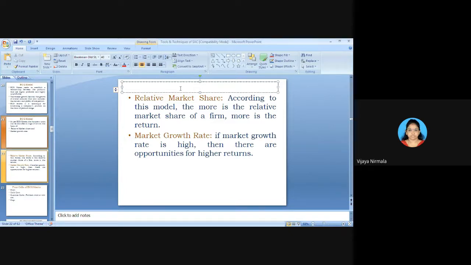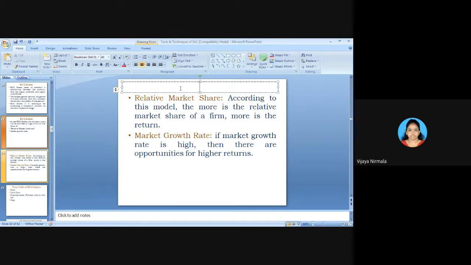A firm that produces more enjoys higher economies of scale. Why? Because the experience curve is higher for them. If you produce more products, you can enjoy higher economies of scale.